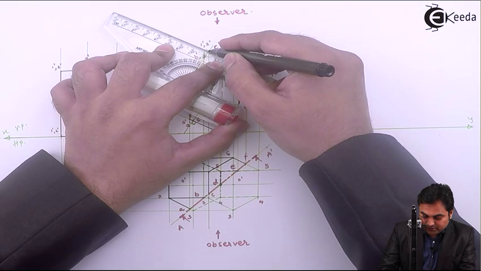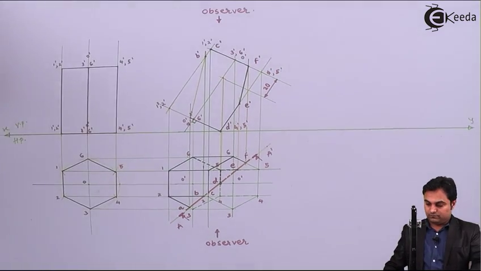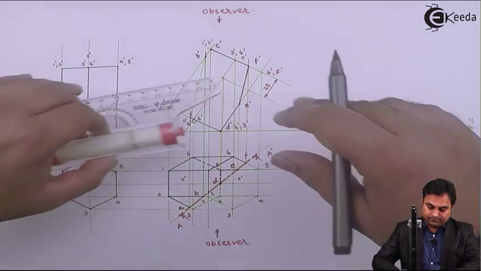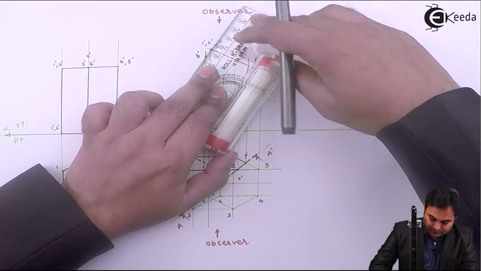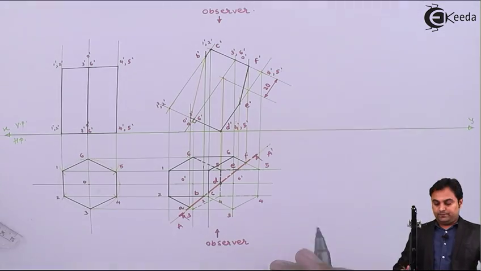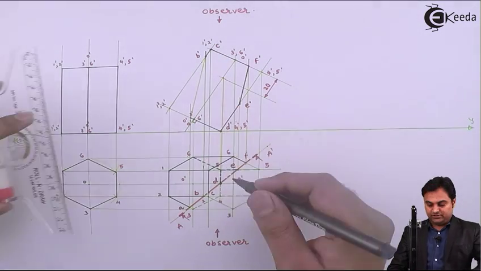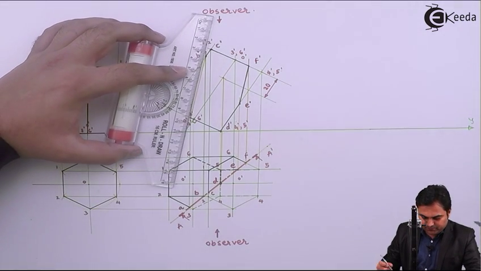F dash to C dash. Then B dash to C dash will be connected. Next, B dash to A dash will be connected. Then connecting A dash with B dash.